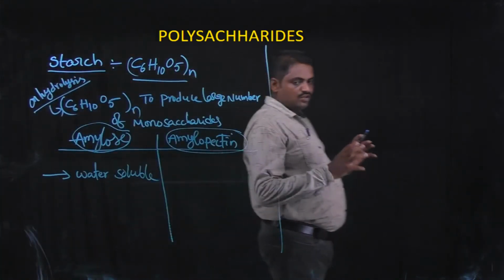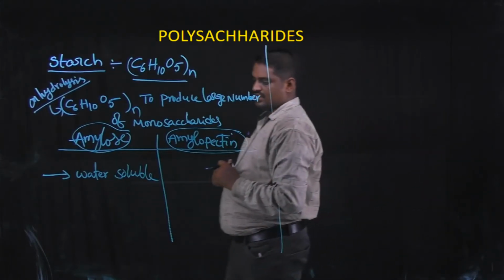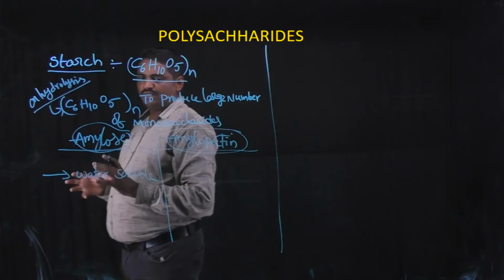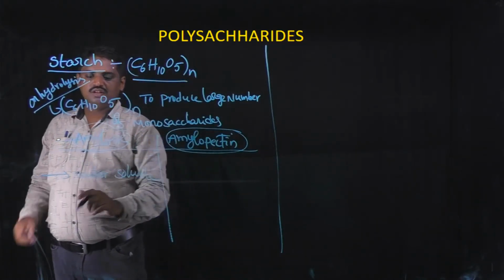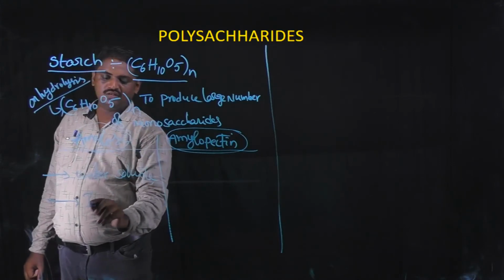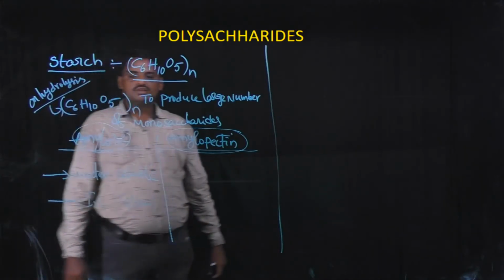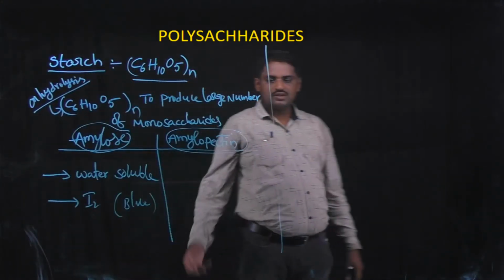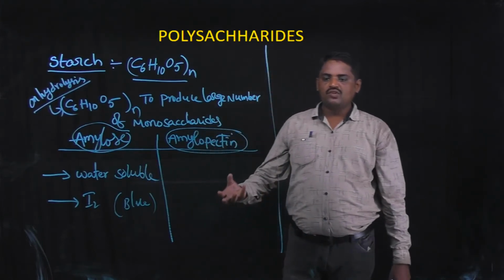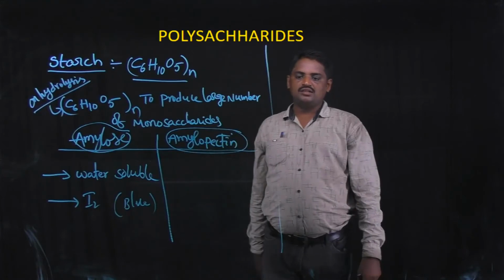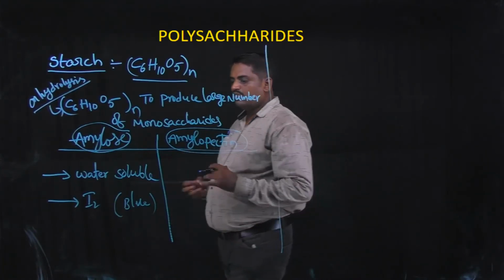This is a branched chain structure. This is completely soluble in water. Okay, so this molecule reacts with iodine to produce a blue color solution. Amylose reacts with iodine to produce a blue color solution.